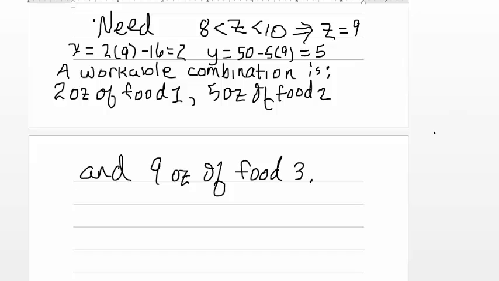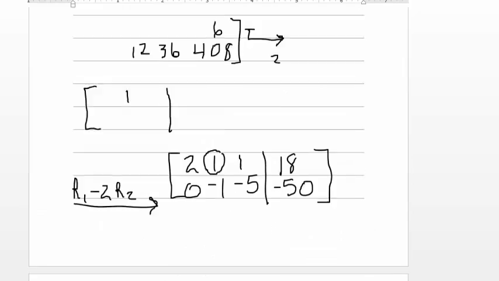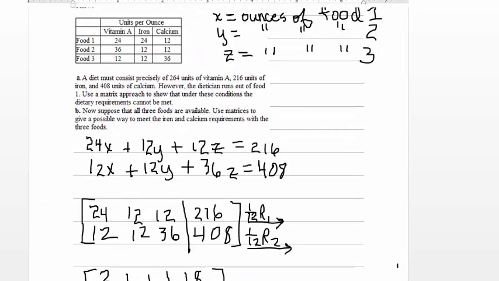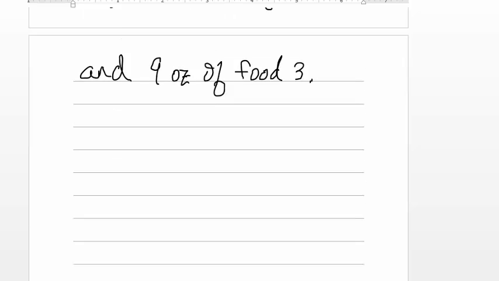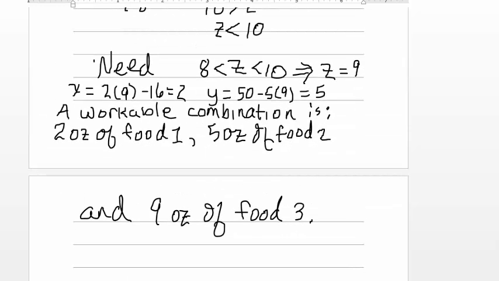And so in the My Math Lab problem, you'll have 4 choices to choose from, and this would be one of the choices, where you have 2 ounces of food 1, 5 ounces of food 2, and 9 ounces of food 3. So this is an example of what an application looks like when you have a situation where you have more variables than equations.